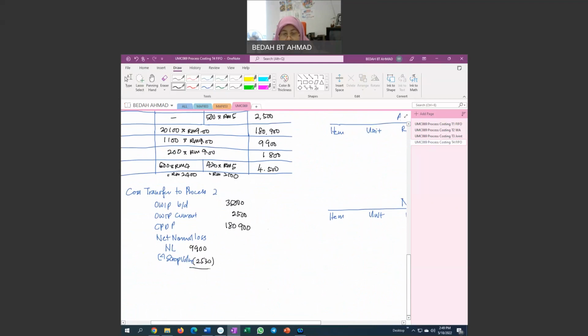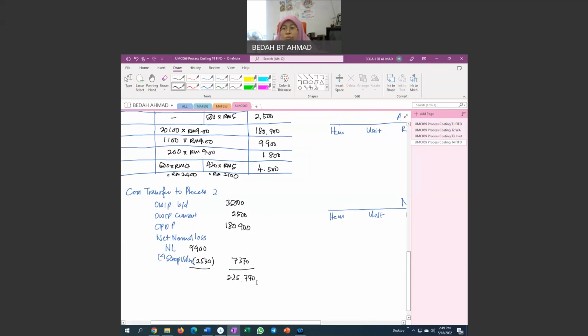So we minus to get the net normal loss, 7,370. Then we add up with the CPDP, then with the opening brought forward, so it is 225,770.